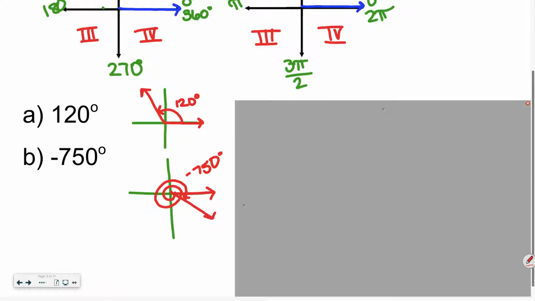Why don't you go up? Because we're rotating in the negative direction. So if it were positive, we would rotate up. But since we're rotating negative, we would keep going in that direction.